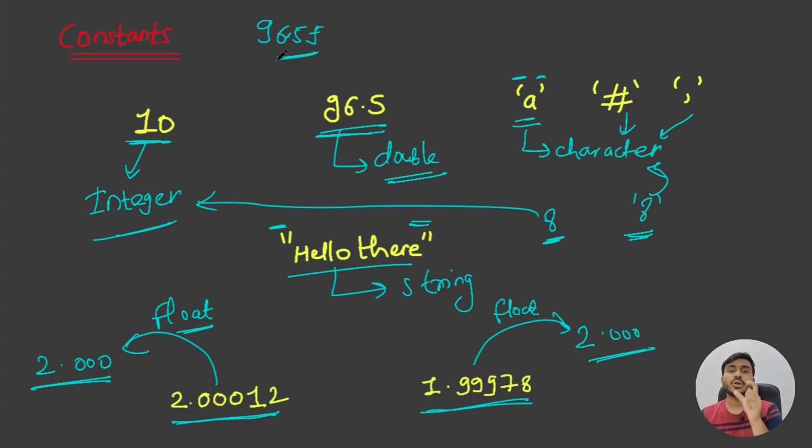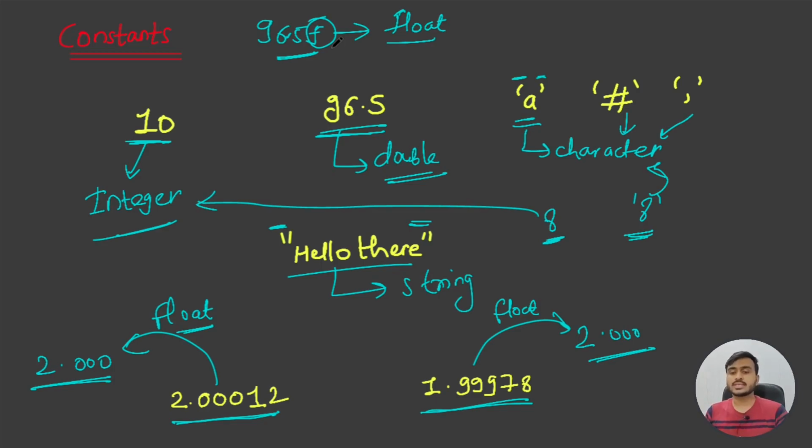Okay, so whenever you write 96.5f, then this is going to become your float constant. This small f in the end is used for telling C++ that this is not a double constant, this is a float constant. I hope this is very clear to you now. Okay, it's very simple, very straightforward. You just have to append a small f at the end, and then it will become a float constant.